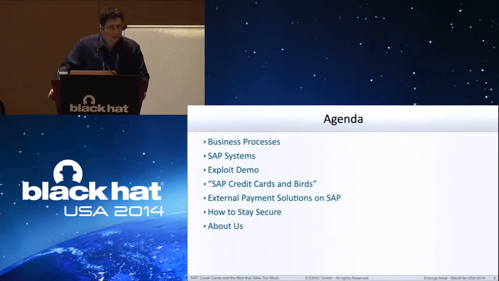And then we'll get into the credit cards topic. We'll shortly discuss the payment solutions that are running on SAP systems or that are attached to SAP systems. And we're going to finalize it with discussing how we can be secure.